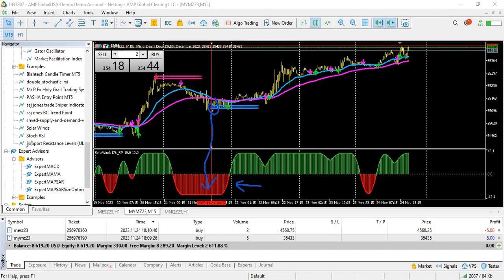What we want is this: we want the support to be hitting, the solar wind to be crossing above, the BC trend point giving us confirmation, and then we want a crossover on the moving averages. Now that has happened, we wait, and once that crossover happens, we wait either for a pullback arrow to hit or we get a new buy arrow, and we buy.